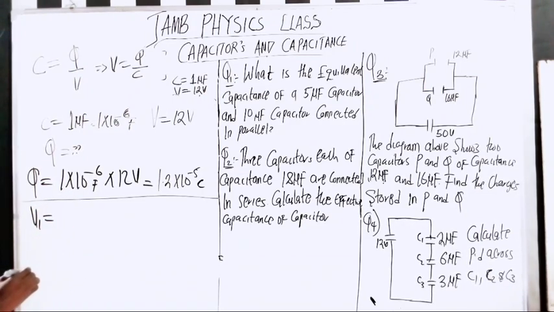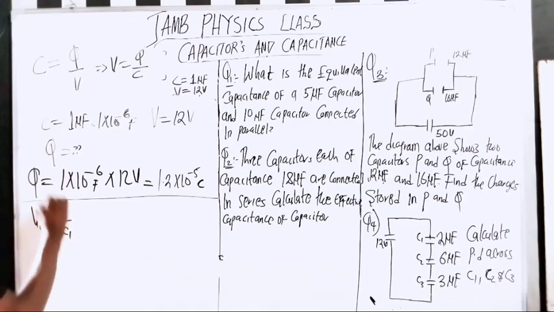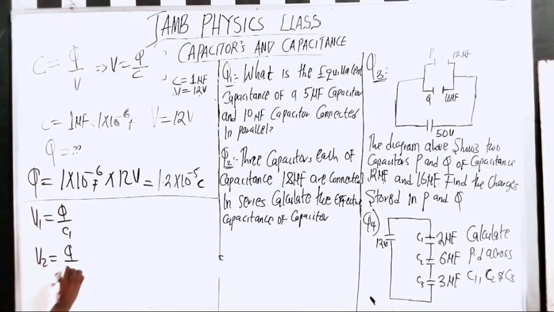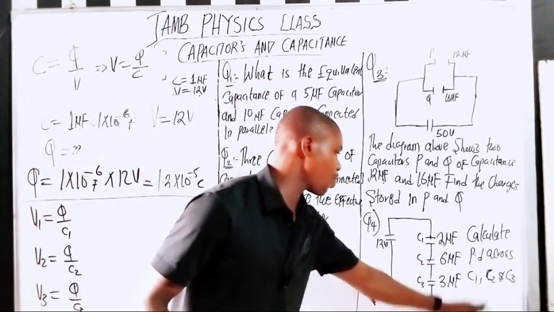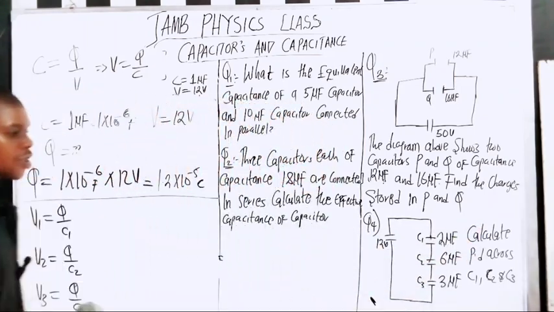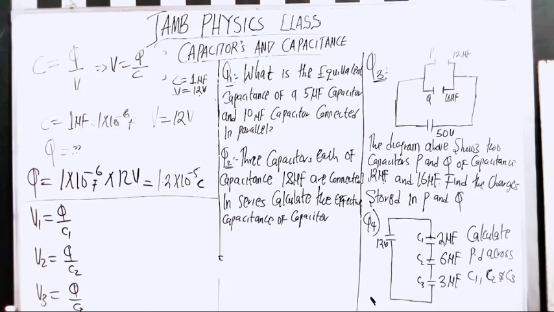So that means my V1 is going to be Q over C1. My V2 equals Q over C2. My V3 is going to be Q over C3. Because the question says potential difference across the capacitors C1, C2, and C3.